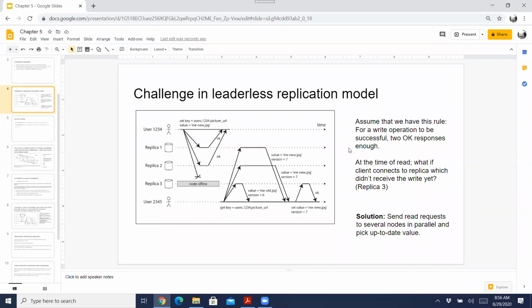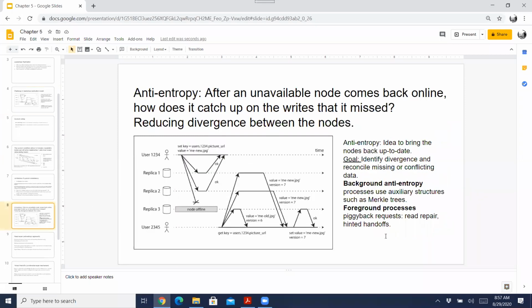One is the quorum concept, which we covered. The other is how do you detect inconsistencies in your replicas and how do you fix them? That is where I wanted to talk about different approaches, some background and some foreground. So we can take that up next time. But yeah, I think we'll stop here.